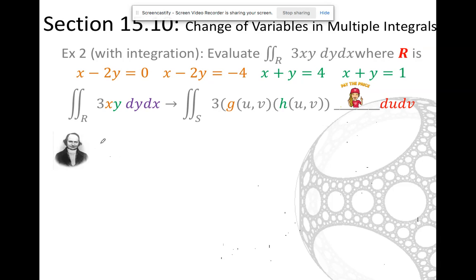So my Jacobian is a determinant of my partials.